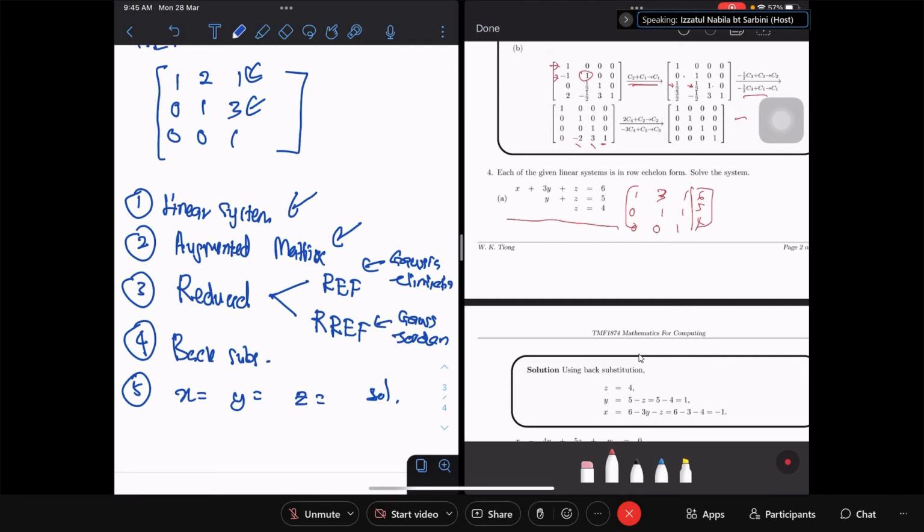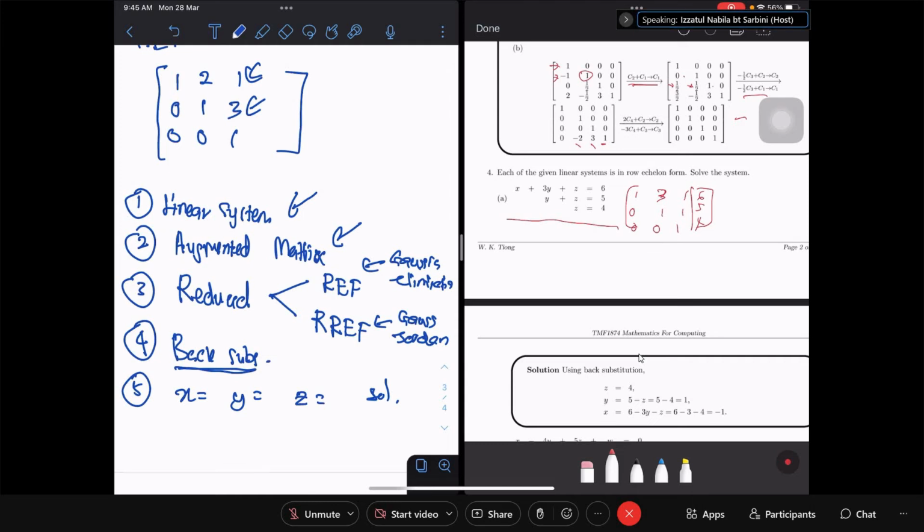If the question only asks you to use Gaussian elimination, you reduce it up until REF only. Usually for REF, you need to go through back substitution. For RREF, you don't have to, because your leading ones will give you the answers directly.